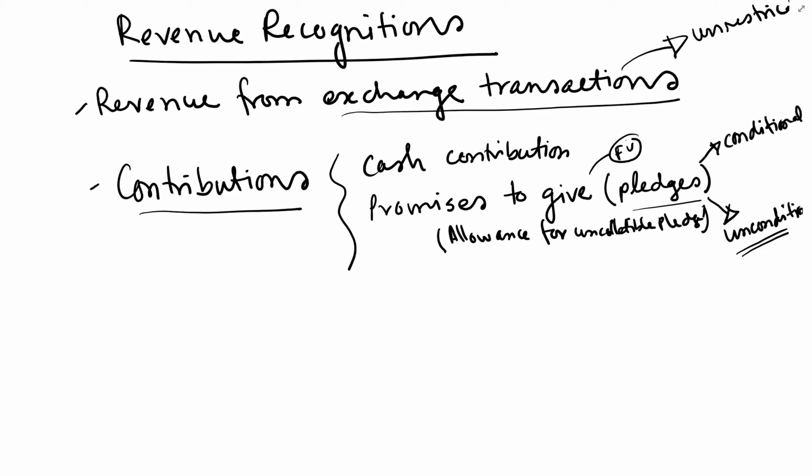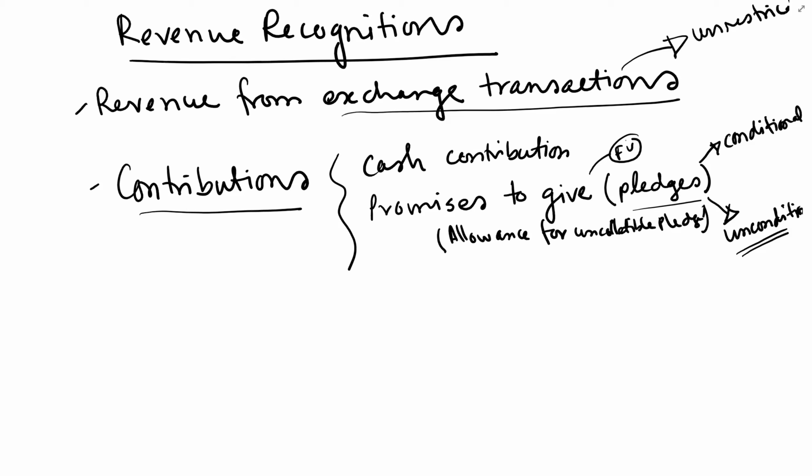That means if you receive cash right away, you can debit cash, but you cannot recognize it as contribution revenue. Then when the condition is met, you will credit contribution revenue.